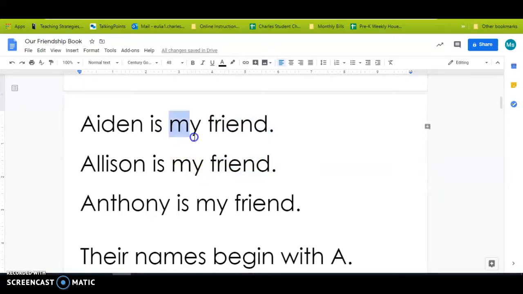My, M-Y, my, M-Y. Those words are the same. Is, I-S, is, I-S. Those words are the same. What about Aiden and Allison? Are those the same? No, those are different.